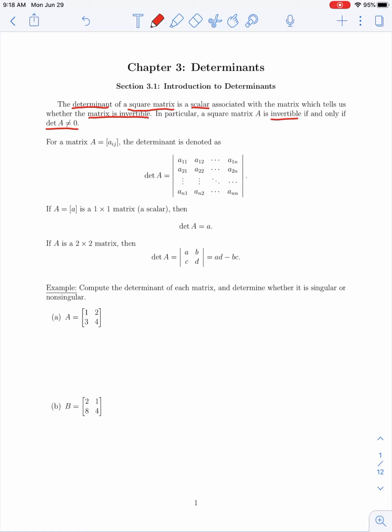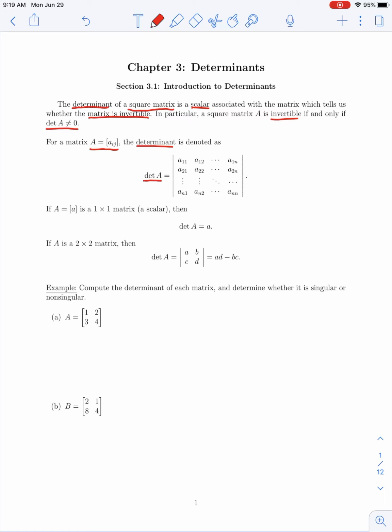If we're considering a matrix capital A, whose ijth entry is denoted by lowercase a sub ij, we can denote the determinant in one of two standard ways, either det of A, determinant of A, or sometimes we might put parentheses around the A, like it's a function acting on our matrix.